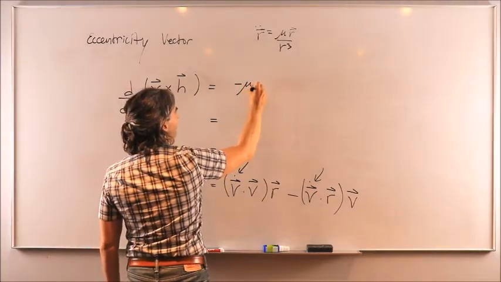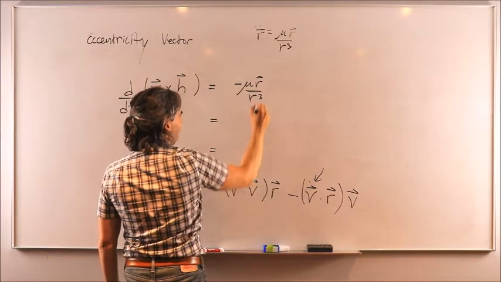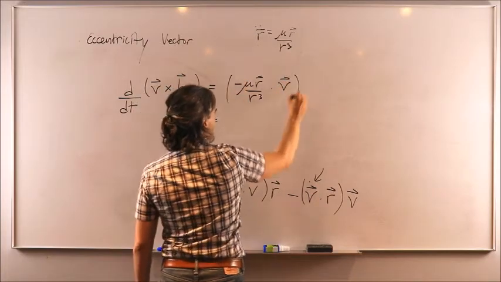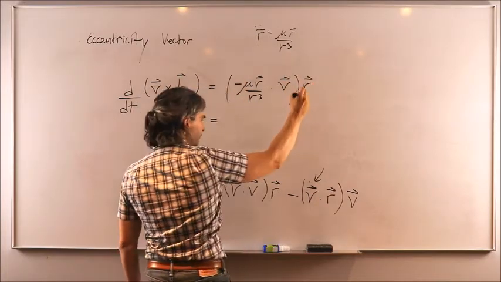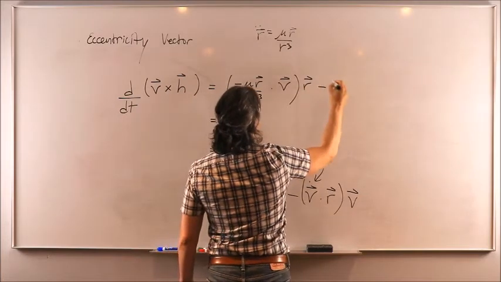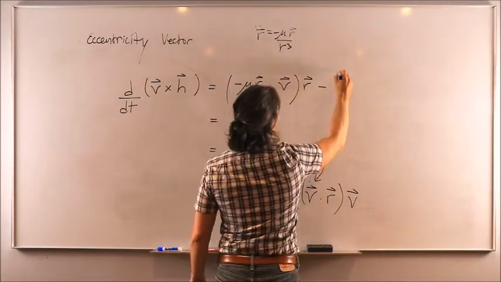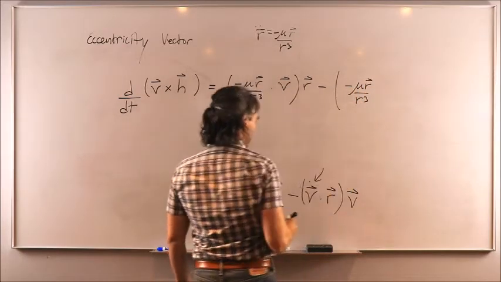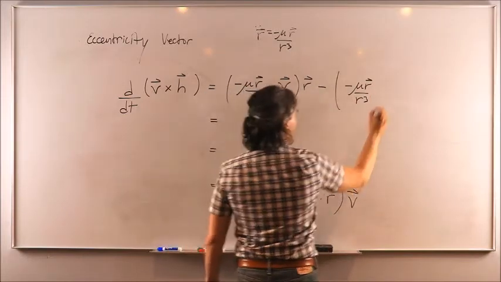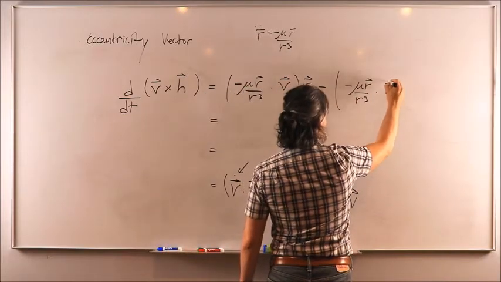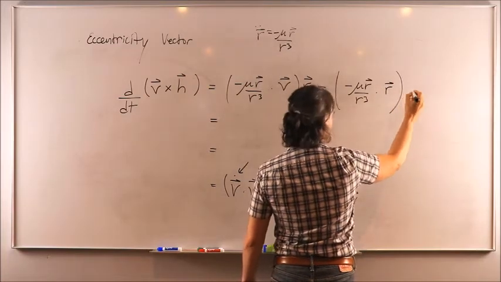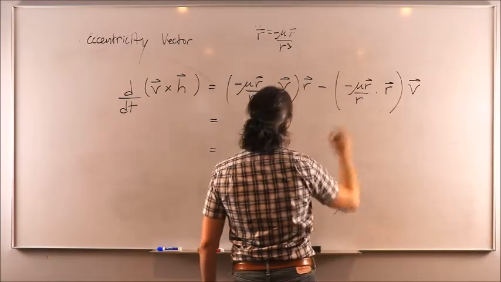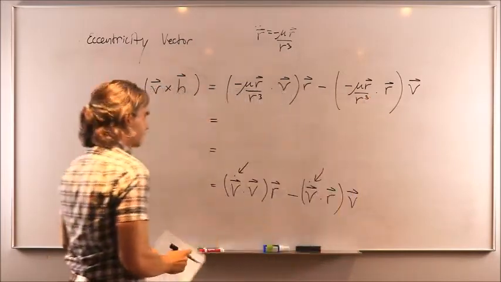So minus mu position over distance cubed, all this dot product with velocity, and all this being multiplied with position vector, minus, again, minus mu position r cubed. This is for v dot, then dot product with r, close the parenthesis, all this multiplying the velocity vector. Like that. Okay?